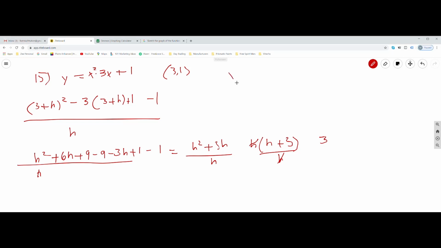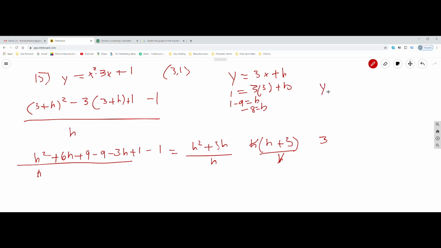And the formula you would do y equals 3x plus b, and input the points. So you have 1 equals 3 times 3 plus b. 1 minus 9 equals b. Minus 8 equals b.